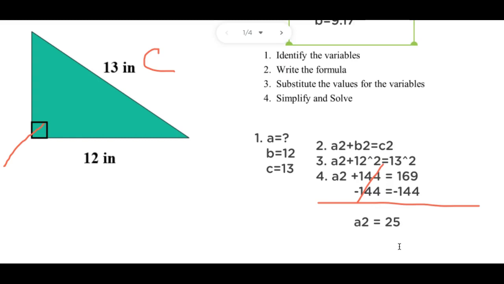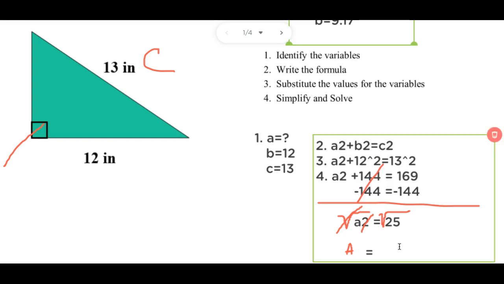And again, I'm not going to the calculator for these because I already know these in my head. We now want to take the square root of both sides: the square root of A squared, and the square root of 25. Remember, taking the square root is the opposite, or the inverse, of squaring a number, and that's the reason why this variable is left by itself. I don't know why I wrote it instead of typing it in. Don't judge me. And we're left with A equals 5.